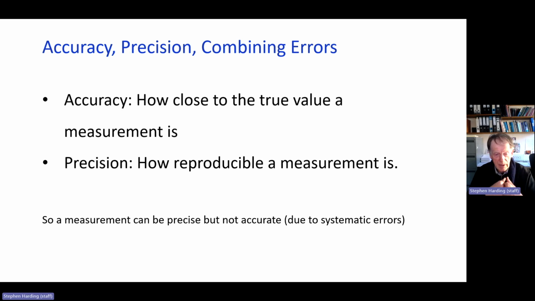Is there an objective criteria for accepting or rejecting a data point or data points? And yes, there is. And the simplest way is based on standard deviations.